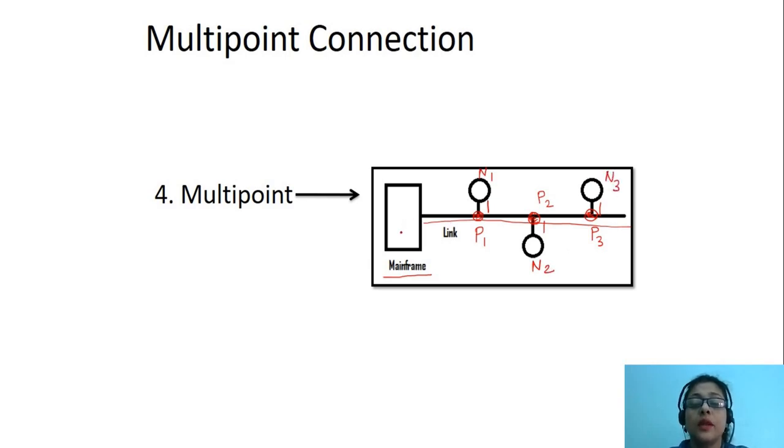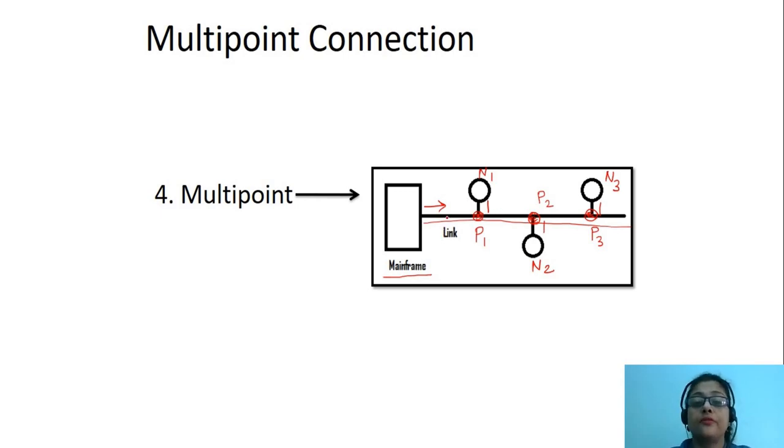So whenever the mainframe sends any data, it can be received by all the nodes that are connected to the mainframe. It goes to all the nodes, so it is almost like broadcast connection.